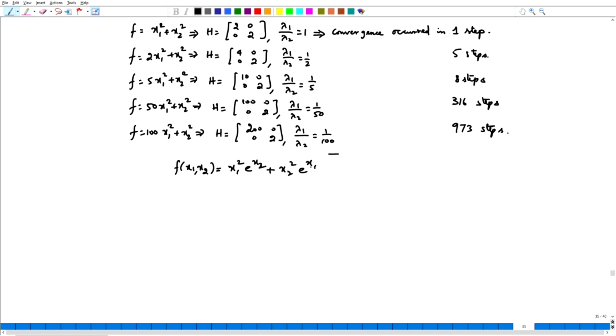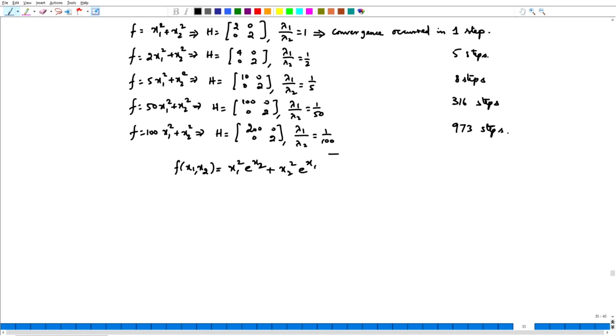If you are sharp enough you would have immediately found that the minimum occurs at 0 comma 0, because both of these terms are non negative, and they become 0 only when x1 equal to x2 equal to 0. So, the minimizer clearly is 0 comma 0, but let us see how we can derive the answer for this particular function.